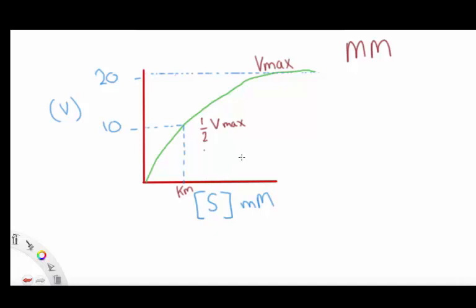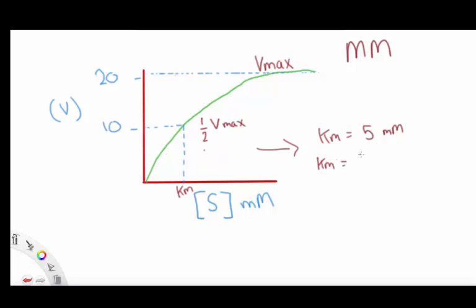And this is going to govern the affinity. Let's say in this graph, the Km is equal to 5 millimolars. So that means I need 5 millimolars of this substrate to achieve half of maximal velocity of this reaction. Let's say we shift this curve to the right.